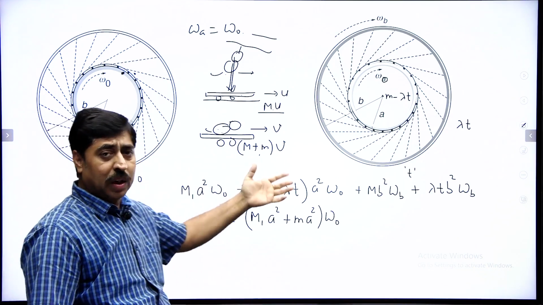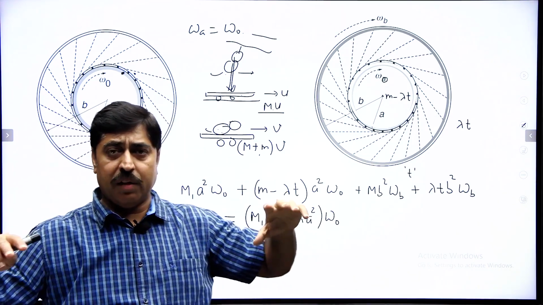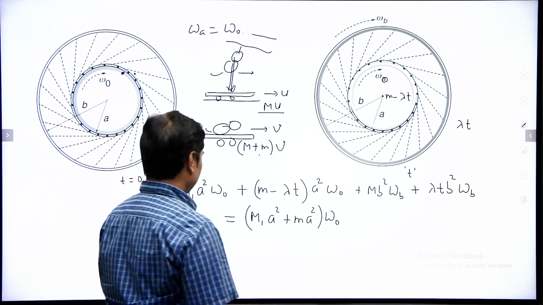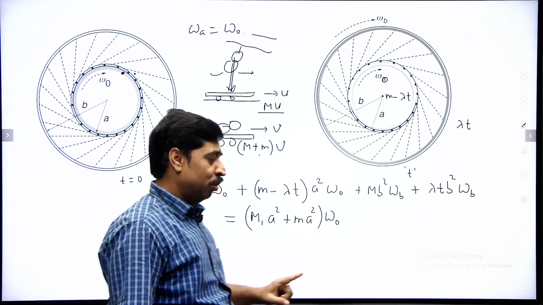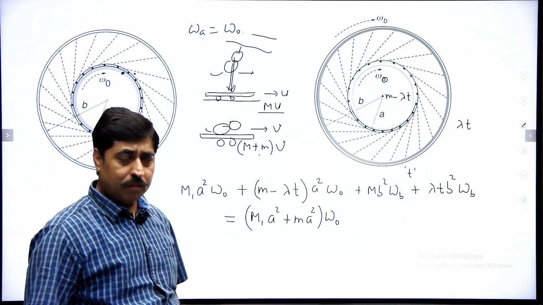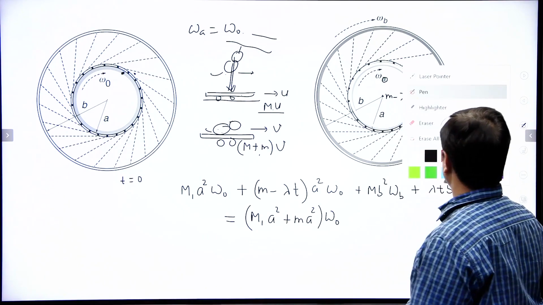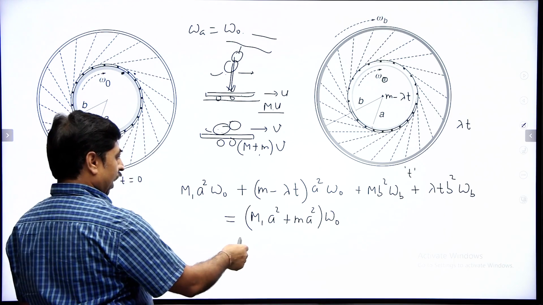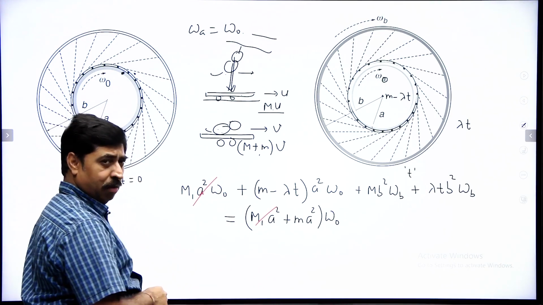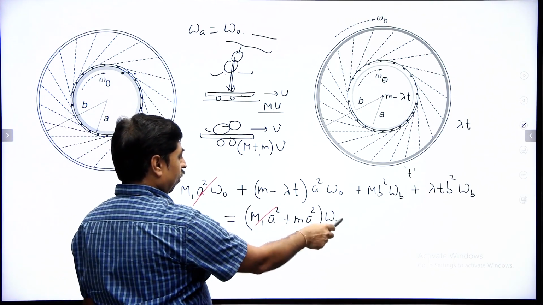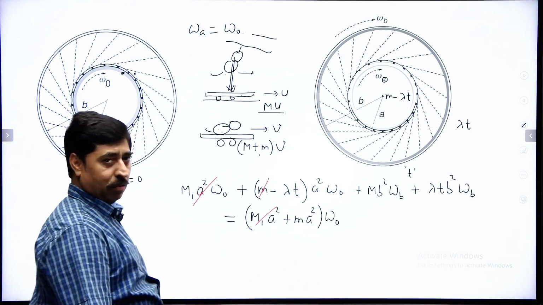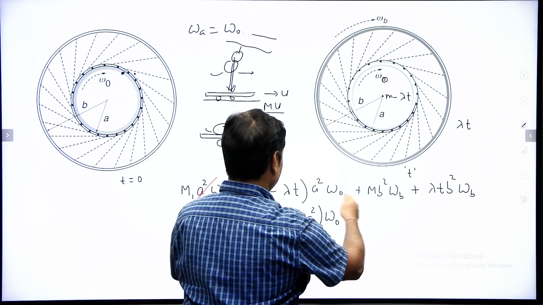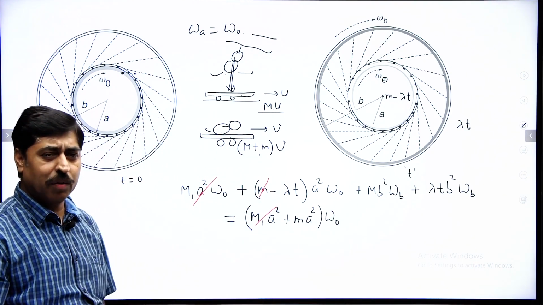So for this isolated system which is experiencing no torque from outside, its angular momentum about this axis should remain conserved. So this angular momentum at time t should be equal to this angular momentum, isn't it? Just by simplifying this you will get the value of omega b, and it is quite easy. Actually this term cancels out, right, and m a square omega naught, this also cancels out. Can you see that? So it is quite easy to simplify this. You can simplify it and you will get the value of omega b as a function of time.